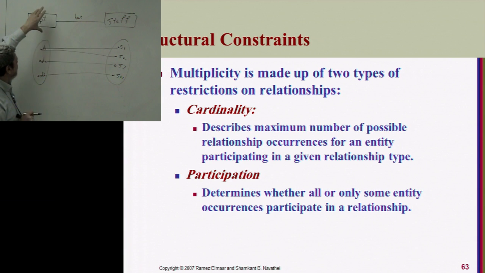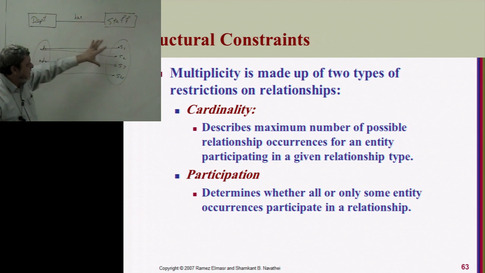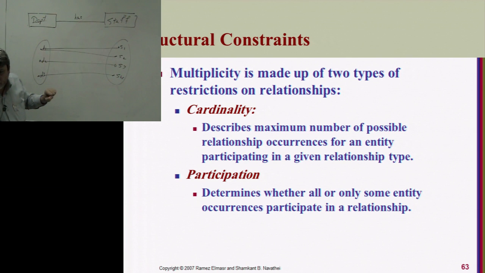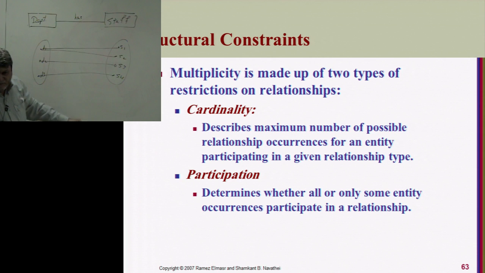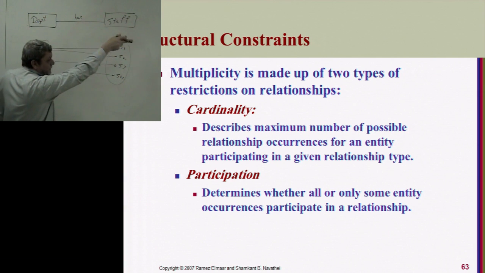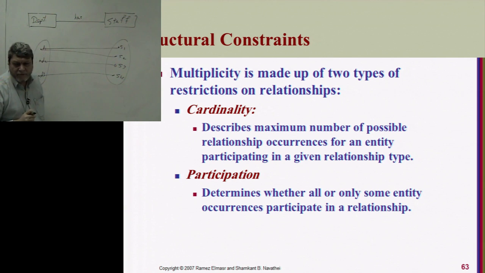So we look here. One department has how many staff linked to it? We don't say two, this is just an example. We might have hundreds of these staff. So many, right? So we say that each department has many staff.